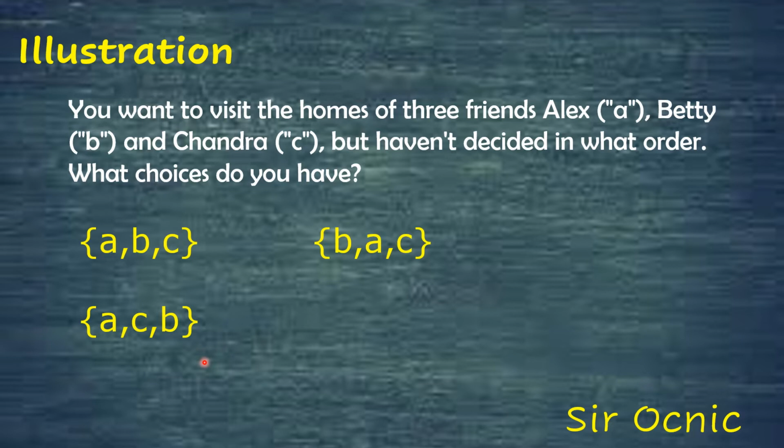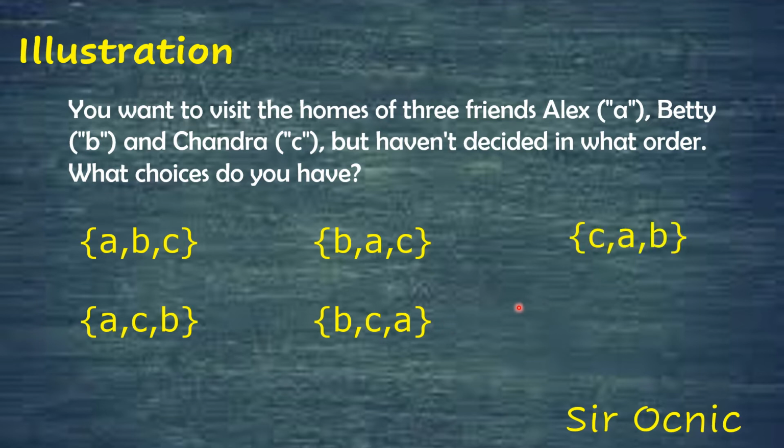Suppose that you are going to visit first Betty's house. You have the options Betty's house, Alex's house, and Chandra's house. Or Betty's house, Chandra's house, and then go to Alex's house. But you may also visit Chandra's house first.